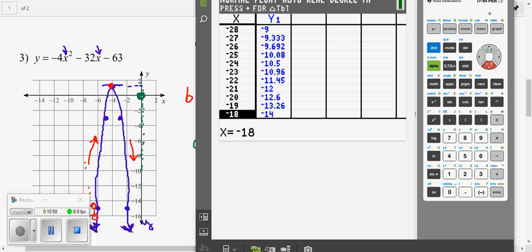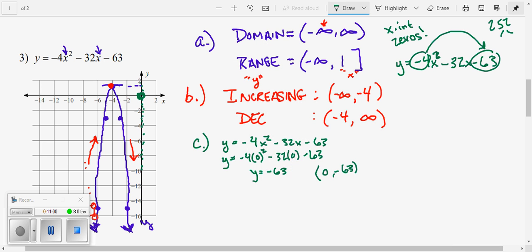And -18 and -14 add up to -32. -18 times -14 is 252. -18 plus -14 is -32. And so we can factor this as (x - 18)(x - 14), but wait, we still have to divide both of these by a, whatever number we multiplied by.